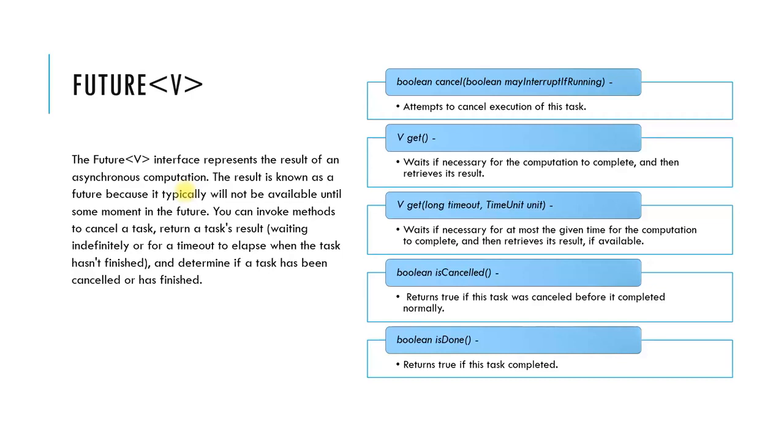It provides us the ability to get the result in the future. It is called Future because the result will not be available immediately, so we can get the result from the Future later.